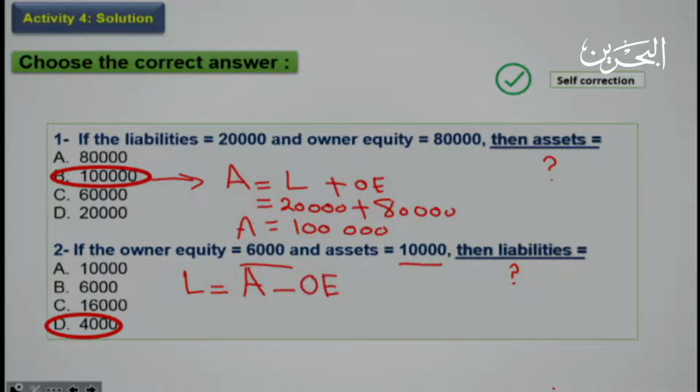My answer is 4,000. How can I get this figure? I have the assets of 10,000. I will subtract the owner equity from it, which is 6,000. So I will get liability of 4,000.